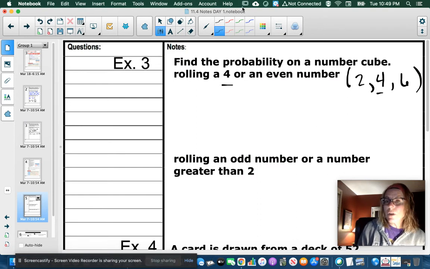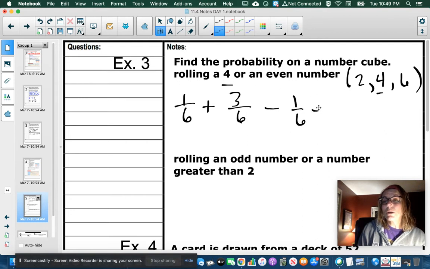The probability of rolling a 4 is 1 over 6. The probability of rolling an even number is 3 over 6. We have to subtract off the probability of getting a 4, so we don't double count the 4. So 1 over 6 plus 3 over 6 is 4 over 6, minus 1 over 6 is 3 over 6, which is 1 over 2.